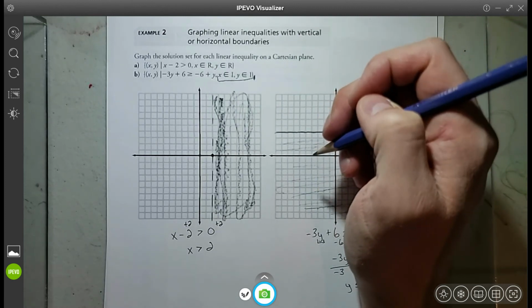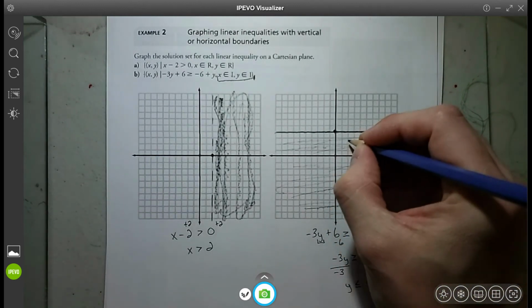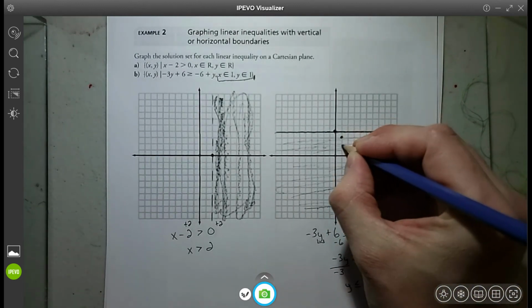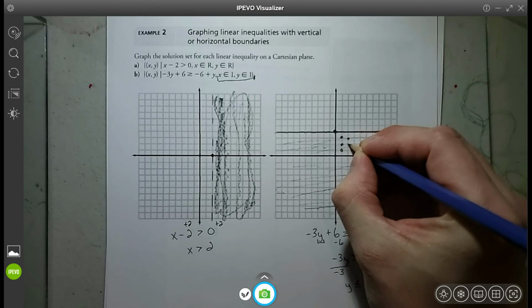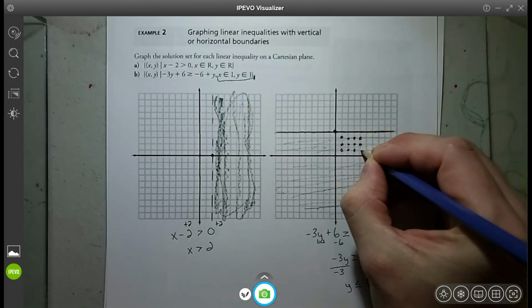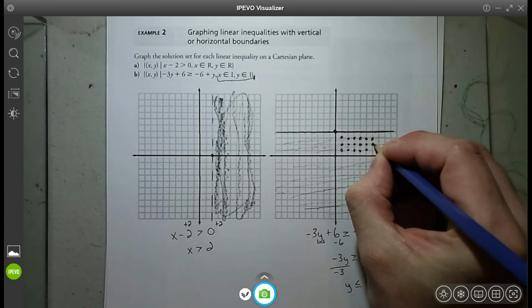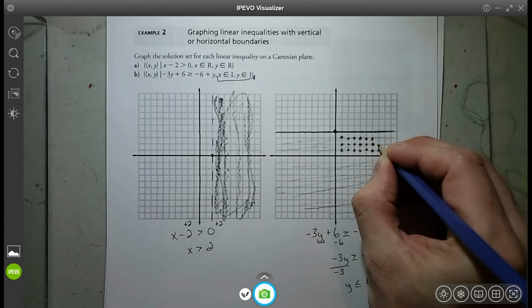So to show that, we actually have to, theoretically, stipple. So we'd have to draw little dots at each intersection to show that, in fact, we can only have those whole number answers.